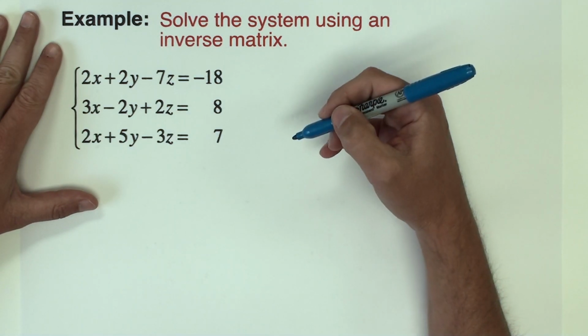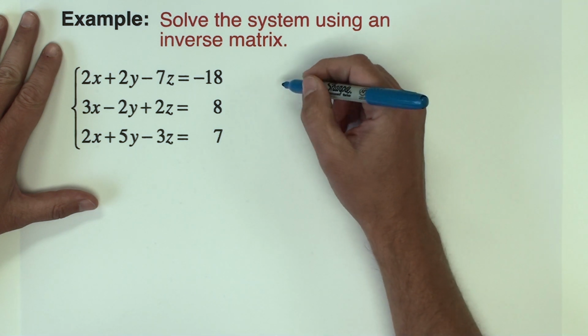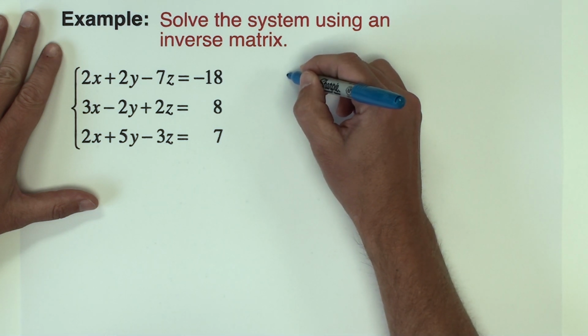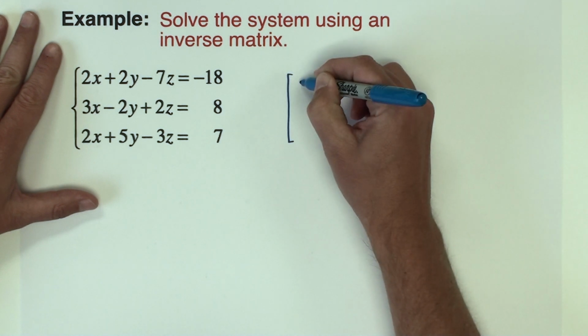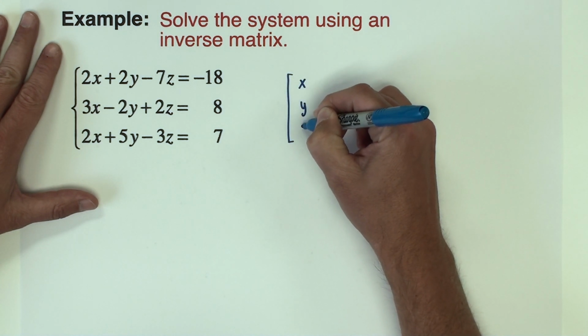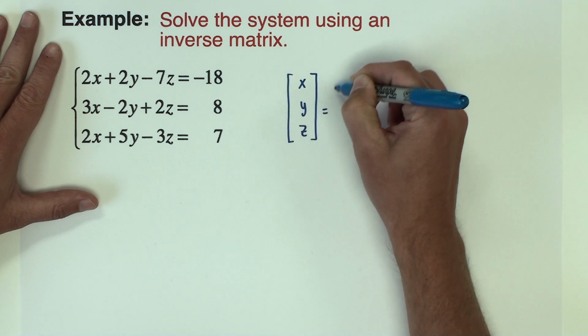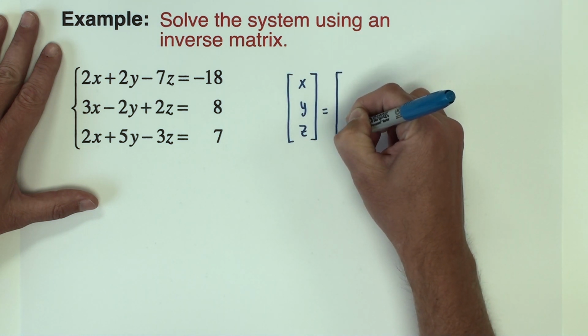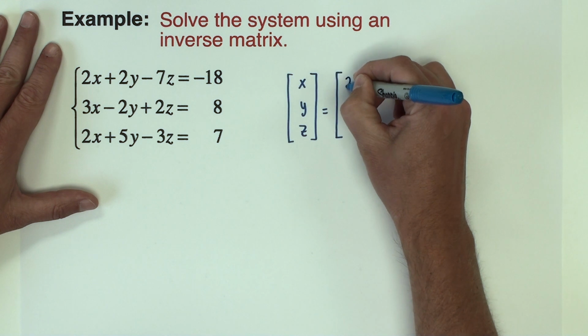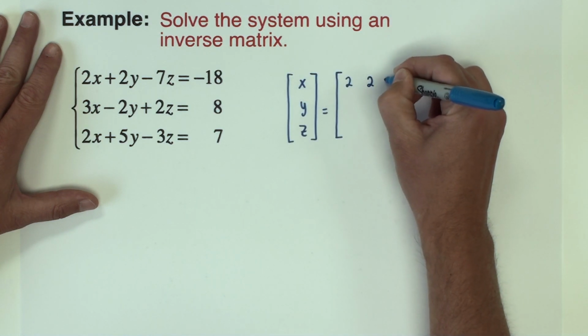Now I'm going to skip the first step this time and just jump right to what I'm going to put into my calculator. So my variables are x, y, and z. I want the coefficient matrix. Now there's 3 equations and 3 variables, so this is going to be a 3x3 matrix.